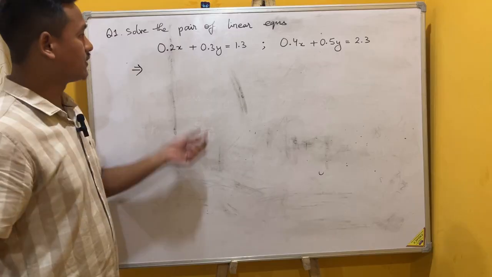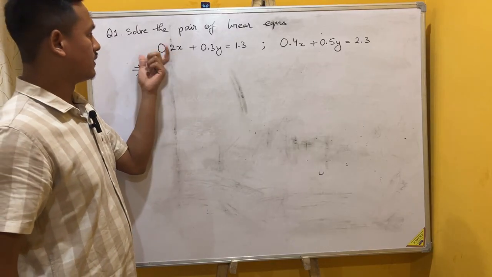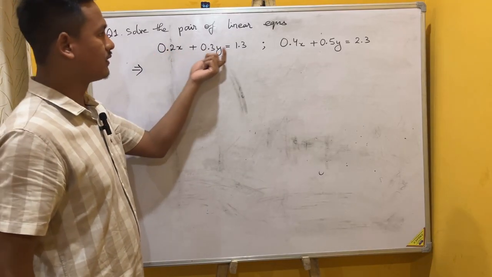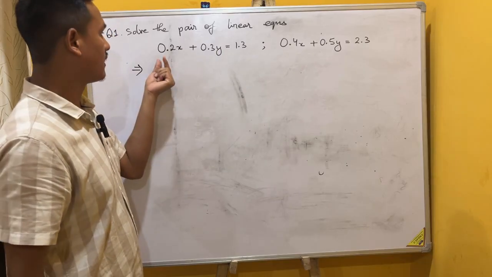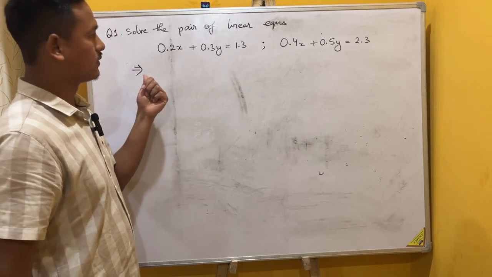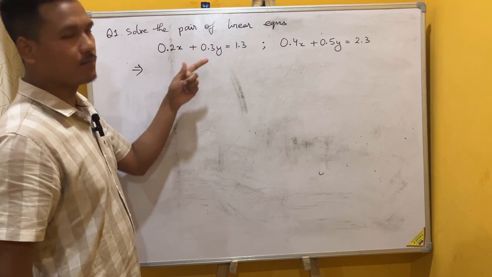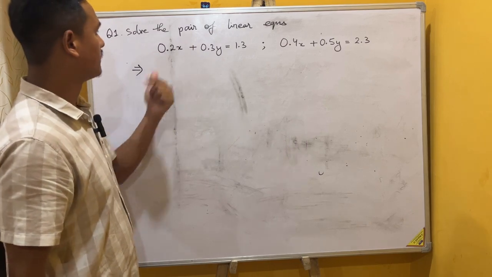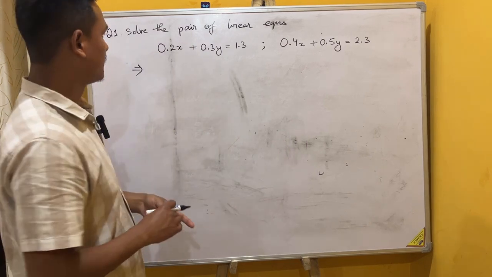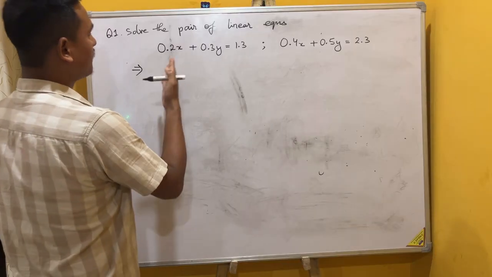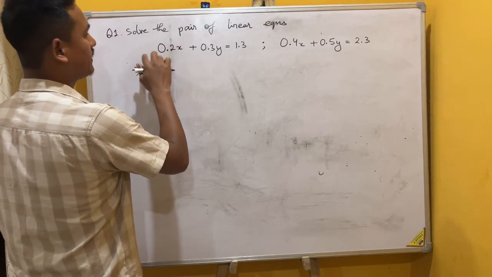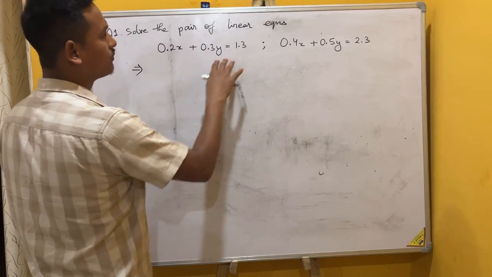Since the coefficients here in these equations are in decimal, I would like to convert them into rational numbers. So I will multiply by 10 to both the equations.